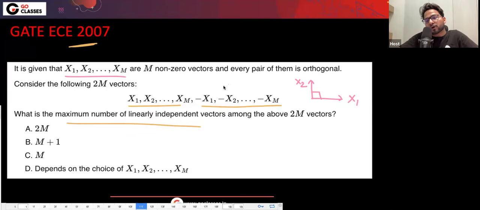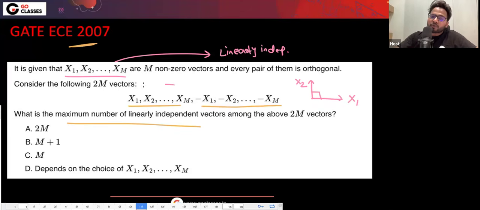See, if they are perpendicular to each other, in that case they are definitely linearly independent. So they are saying perpendicular, then obviously they are linearly independent. All of these are linearly independent, right? Then if you have to choose the maximum number of linearly independent vectors, you will be choosing all of these. Now the question is, can you put one more or maybe even more vectors than these?